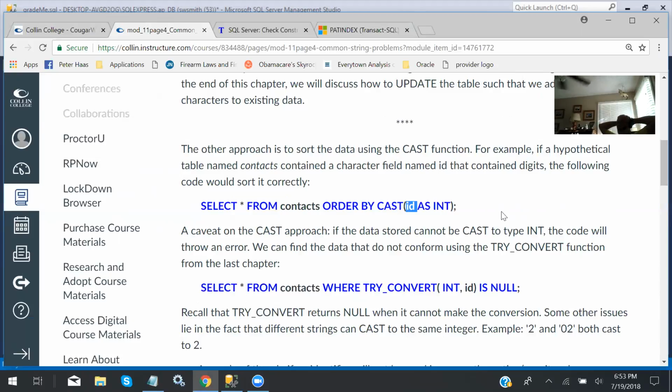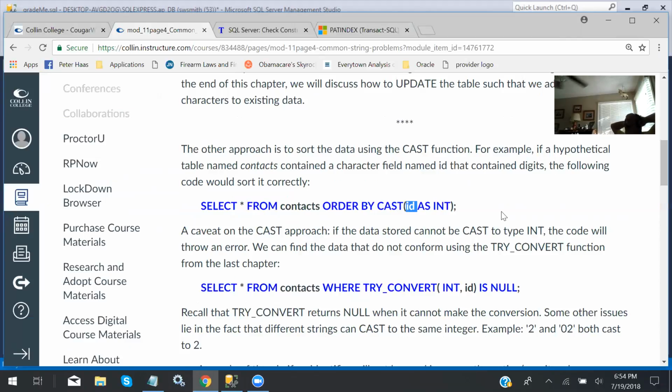So it's common to store a Social Security number as a string. The problem with it is, if they're all the same length, everything's fine, if they have left zeros padding them out. For example, if I have a 4-digit PIN number, and your PIN number is 1234, and my PIN number is 95, my PIN number will sort before yours.